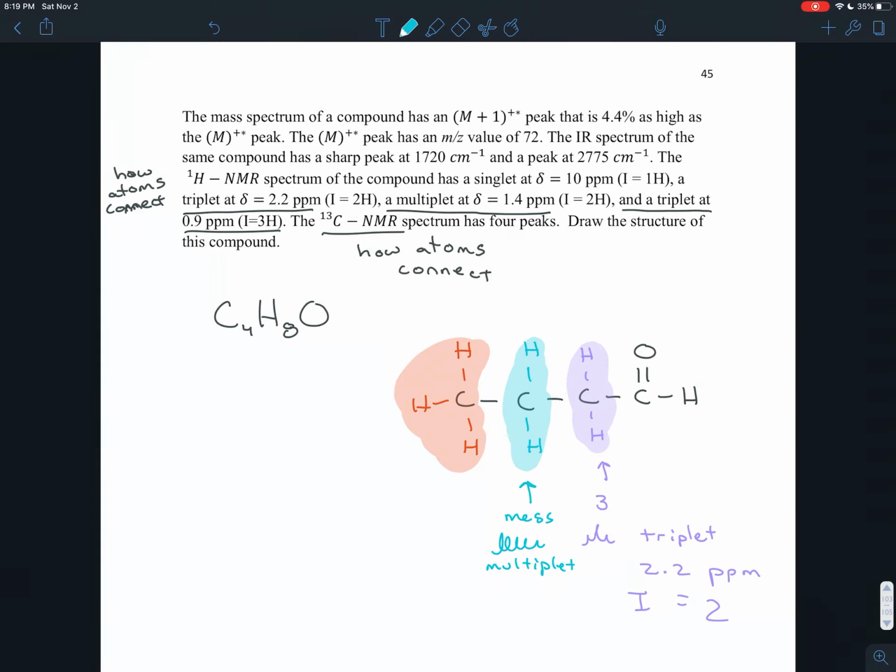Now the shift for that multiplet, it's a CH2, so you would think that it would be at 1.2. That's the normal shift for CH2, but it's beta to a carbonyl. Beta to a carbonyl, that means you add 0.2, and so we have 1.4 parts per million where we'd expect that. The integration, again, is 2.